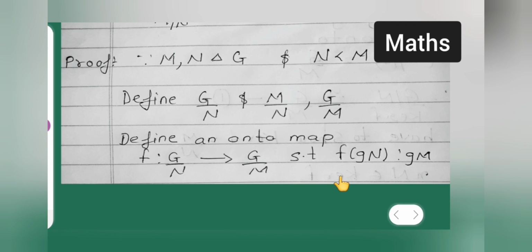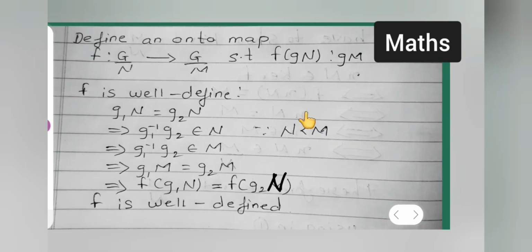Now to check if f is well defined, we have to see if f is well defined. This is the condition which is given to you, that is f of gN is equal to gM. Now let us see.